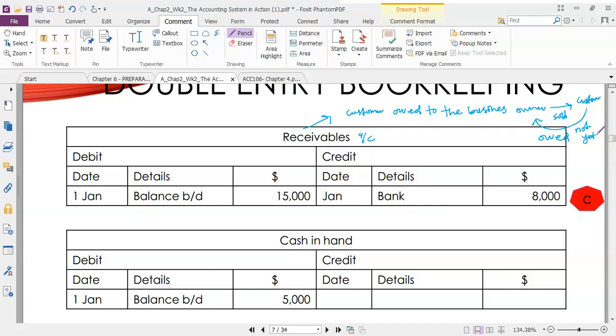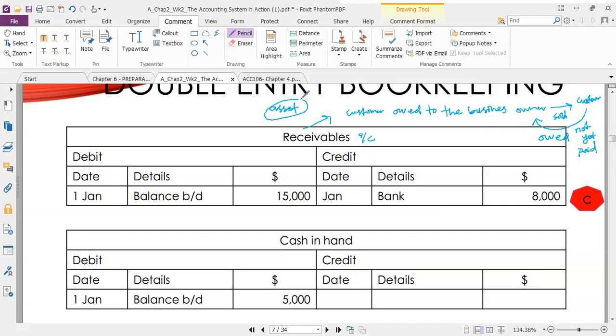So it means that the customer owed to the business or owner. Not yet paid. So we must call the customer a receivable account. So receivable is under element asset.